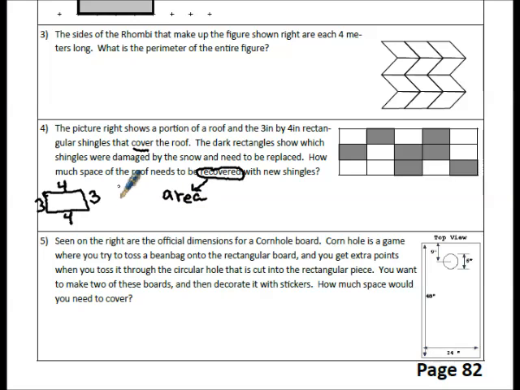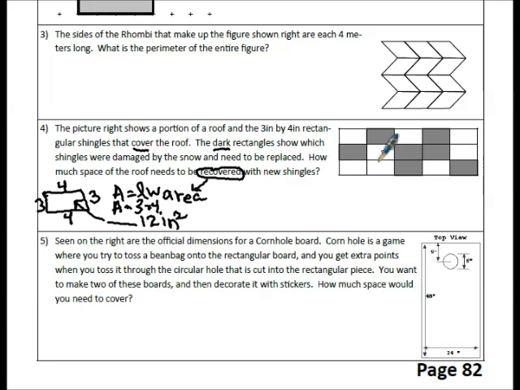So we are going to be using the area, and the area is going to be the length times the width. The area is length of 3 times the width of 4, which is 12, and we have 12 inches squared. So for one of these rectangular shingles, we have 12 square inches that covers this.